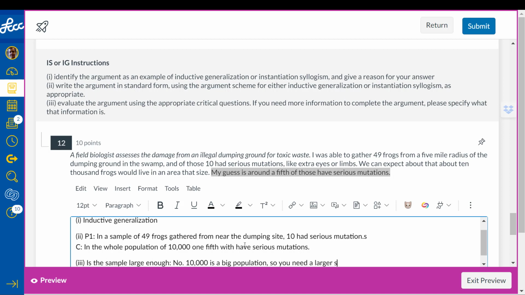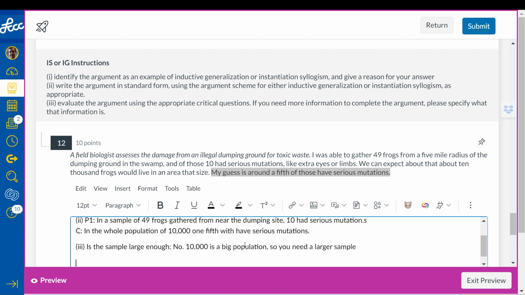Is the sample representative? No. And the clue you can see here is that the biologist was just gathering frogs from near the dumping site, right?